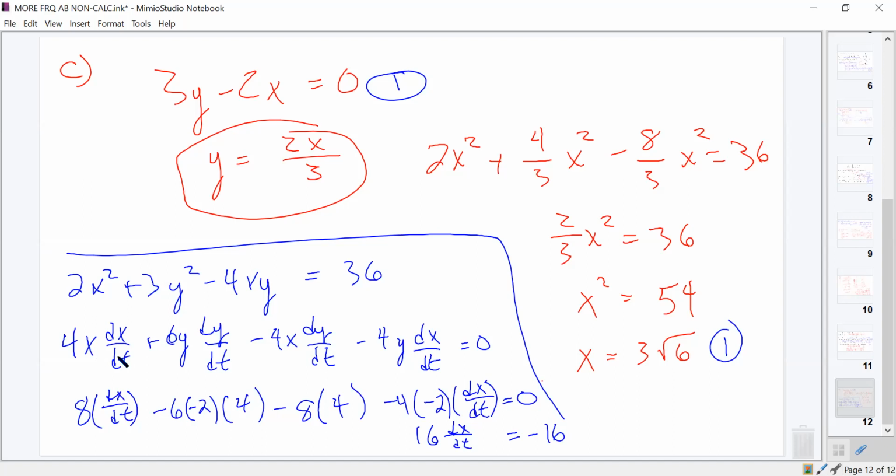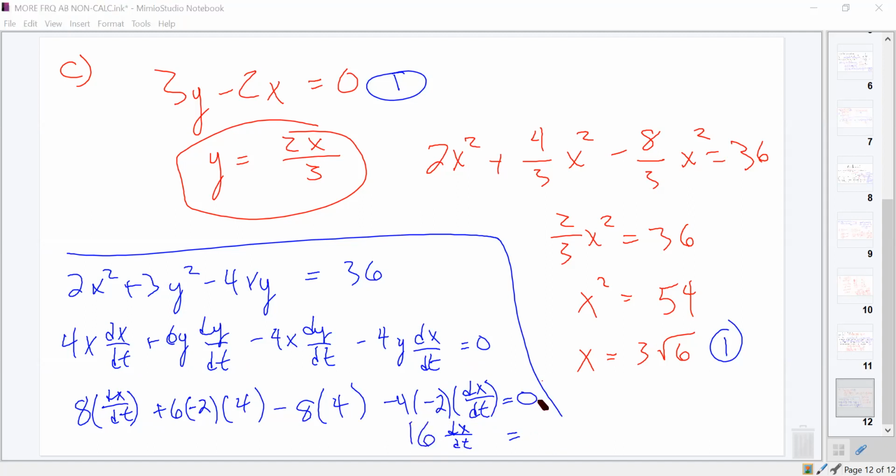Let's see here. 4x dx/dt plus 6y dy/dt minus 4x dy/dt plus minus 4y dx/dt equals 0. Something I plugged in must not have been right, I must have missed a sign again. Oh, I keep making this a negative. That's a positive. All right, so now this is still a 16.